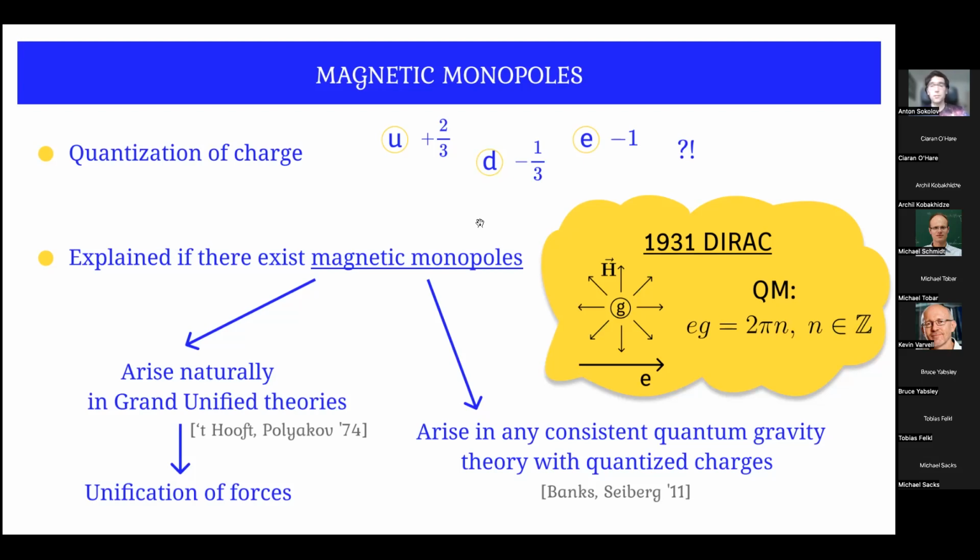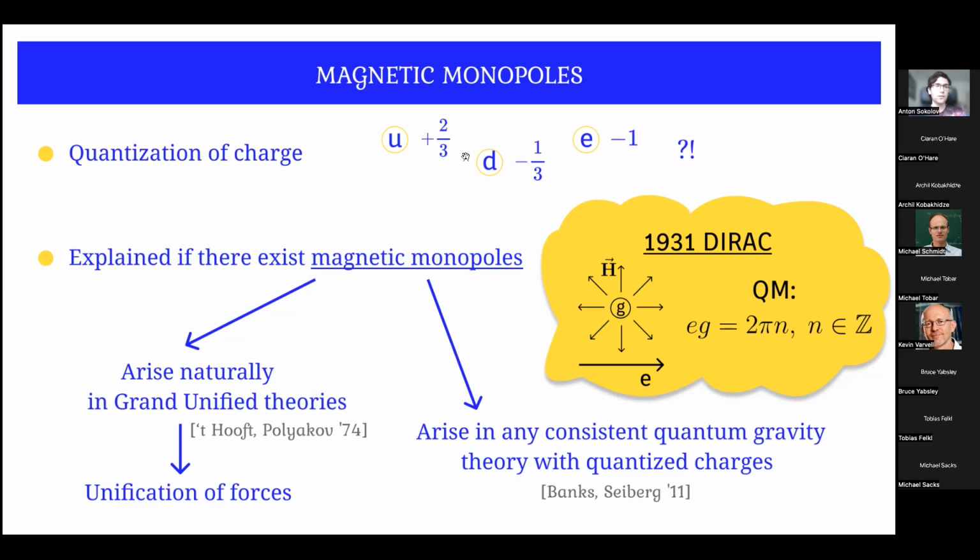Magnetic monopoles solve, first of all, a very puzzling observation in the standard model, that the electric charges of electron and proton are exactly opposite to each other. So the absolute values of the electric charges of electron and proton are the same, and this cannot be explained in the standard model itself.